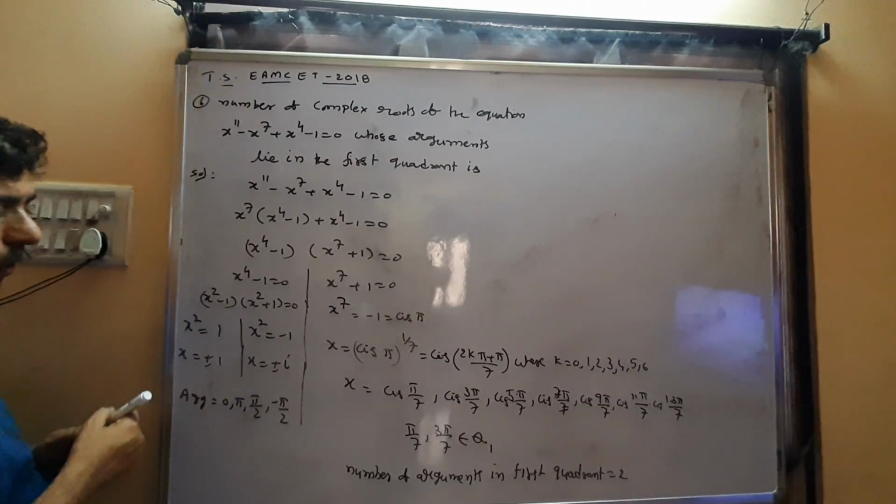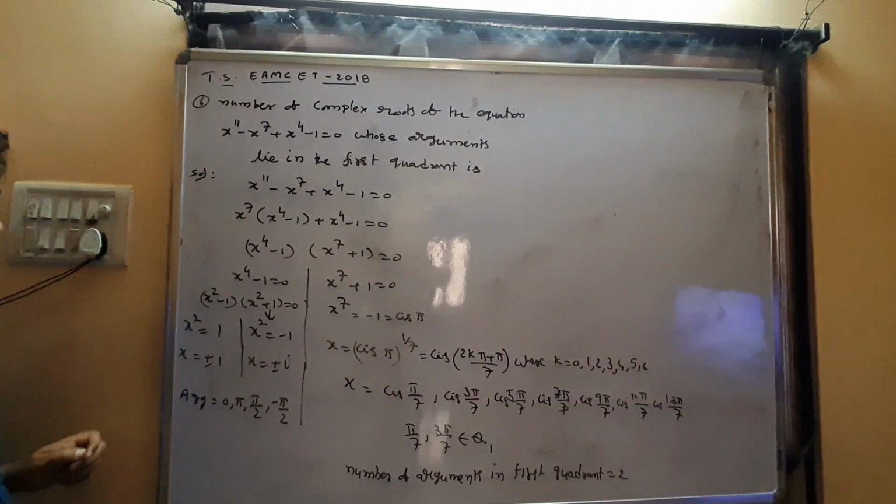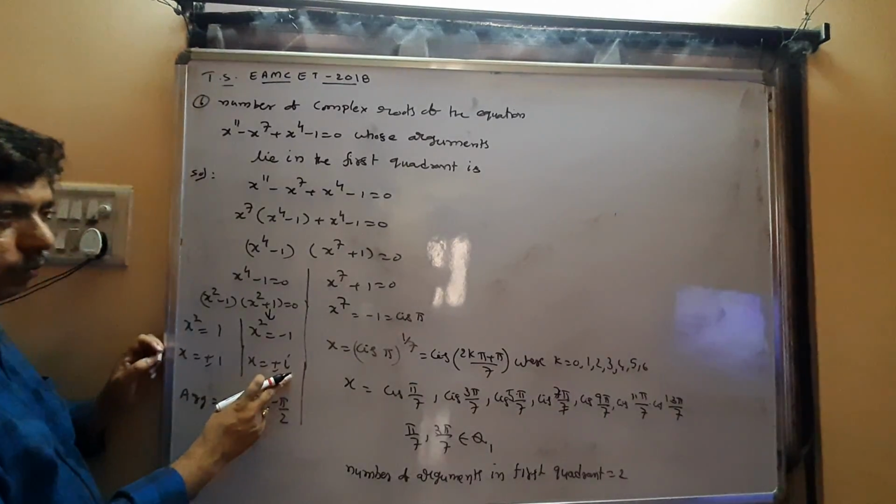From x^2 plus 1 equal to 0, that means x^2 equal to minus 1, x equal to plus or minus i.